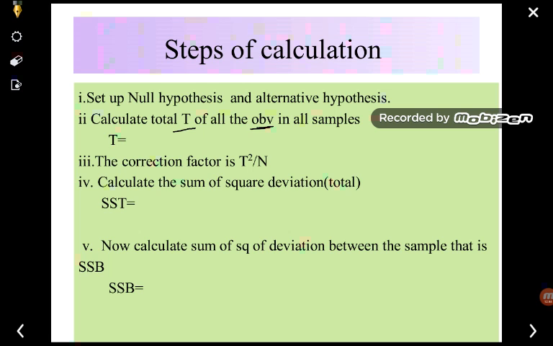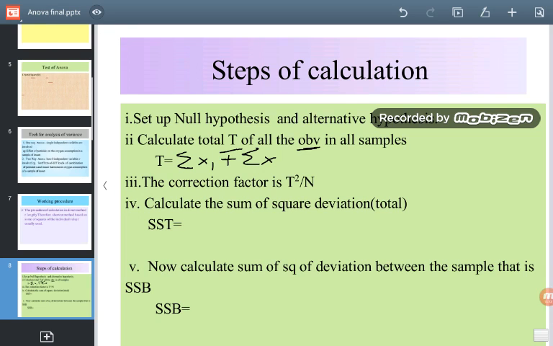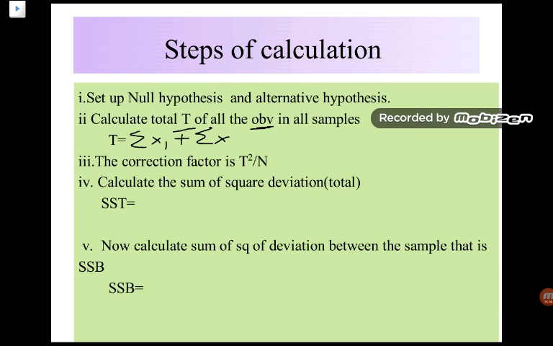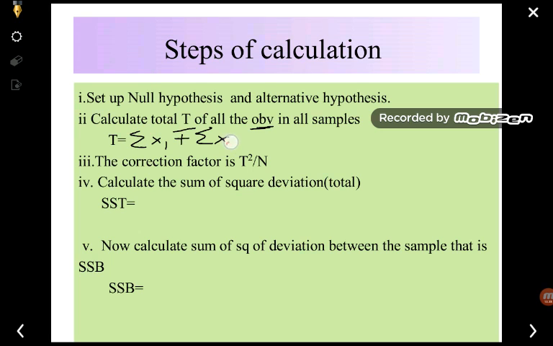So T can be calculated as the sum of, consider the first sample variable x, that is summation of x1 plus summation of x2 plus summation of x3.